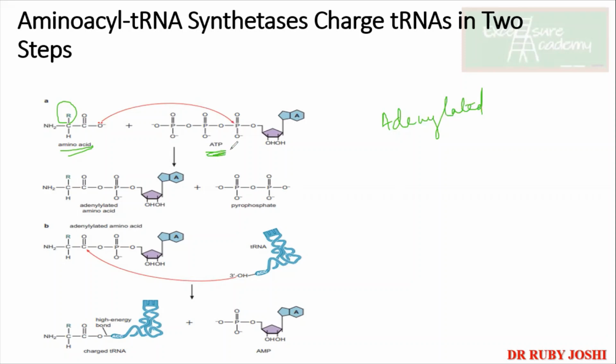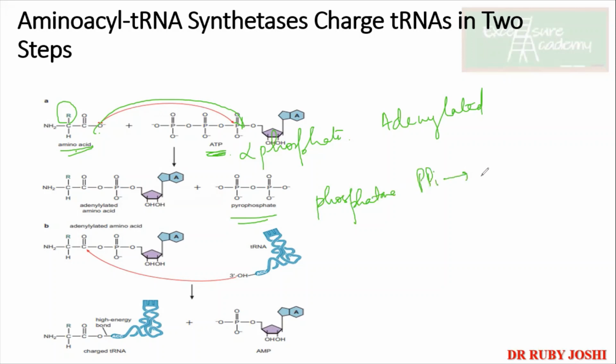Since it is ATP, you can see that the carboxyl group of the amino acid is attacking the alpha phosphate group. What is being released then? Pyrophosphate. And we discussed in the first lecture that with the help of phosphatase, pyrophosphate is converted into inorganic phosphate.